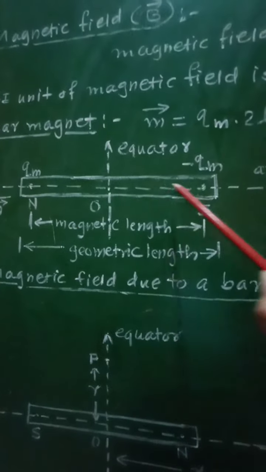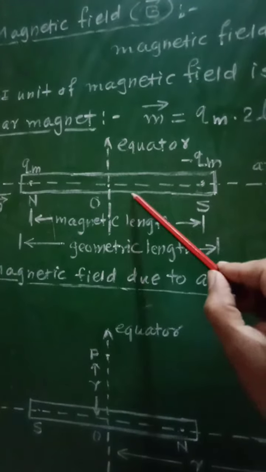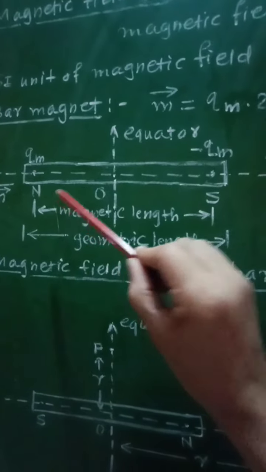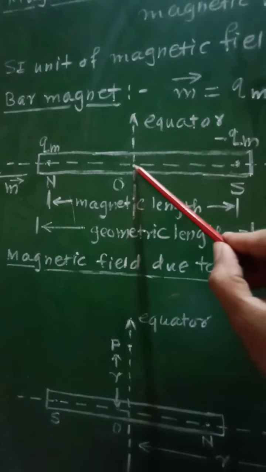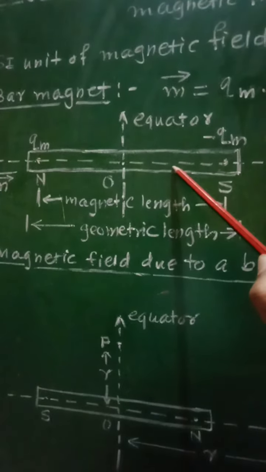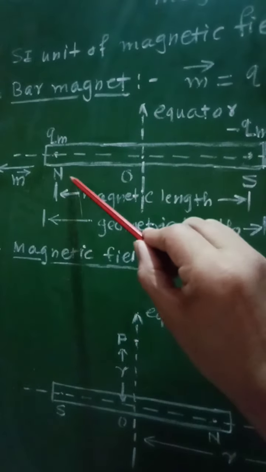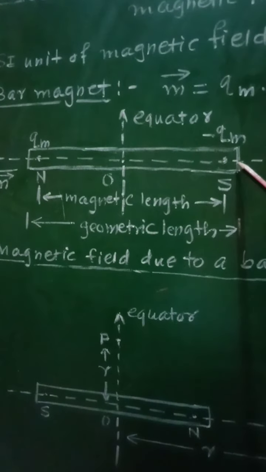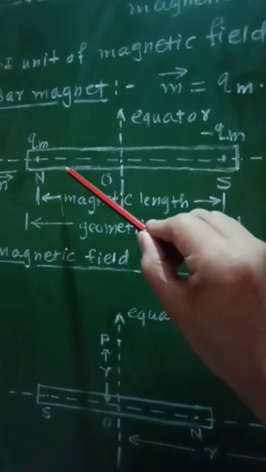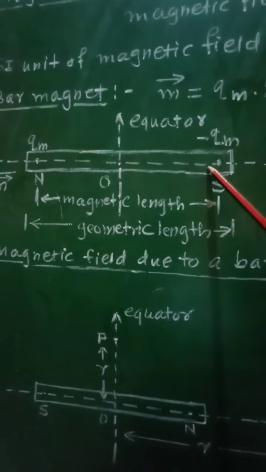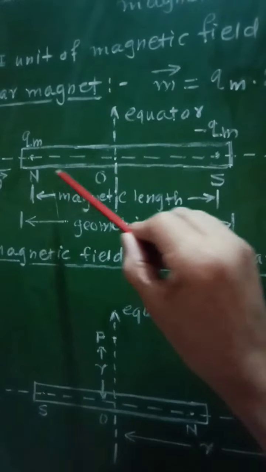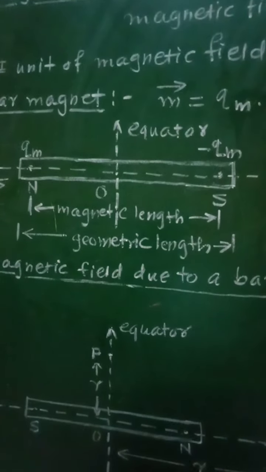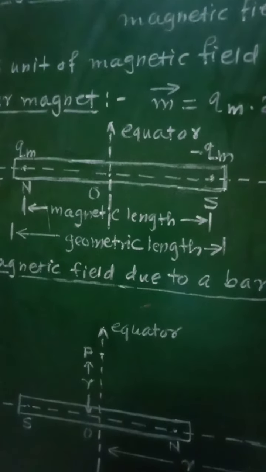So from North Pole to South Pole, the distance between them will be equal to 2L, and therefore each pole, S as well as N, from the center of the magnet O will lie at a distance equal to L. So these poles of the magnet are not exactly situated at the two ends of that magnet, but they are slightly inside the two ends, and therefore at a short distance inside the ends, these two poles N and S will be situated, and the distance between them will be 2L.